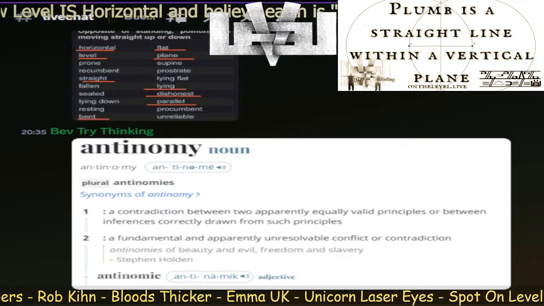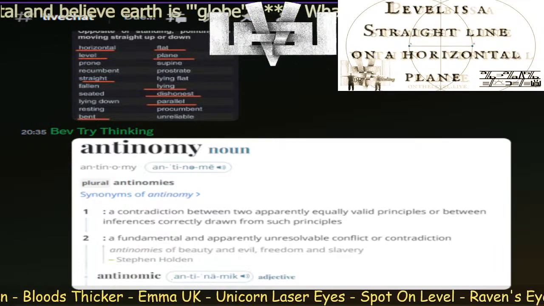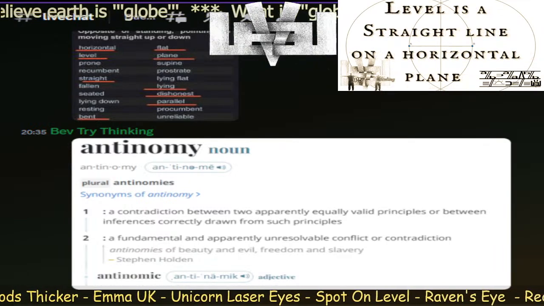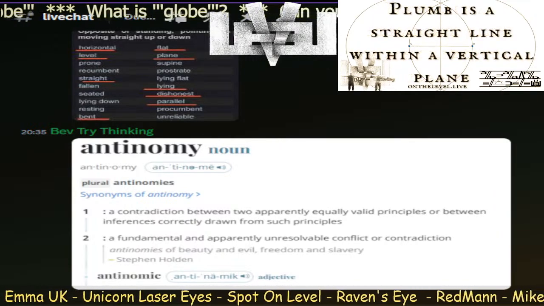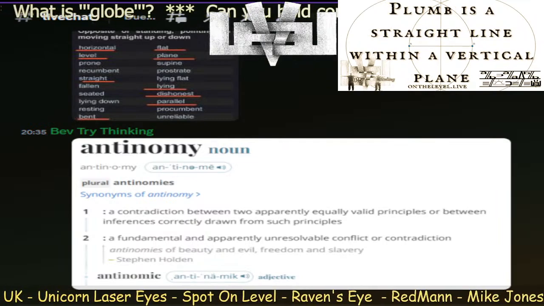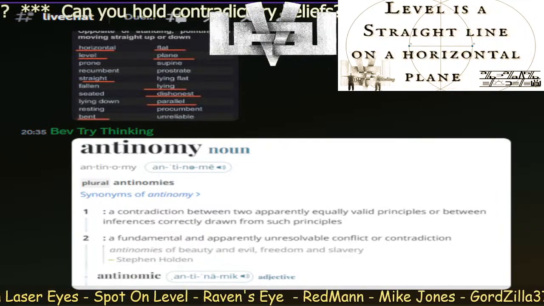Unresolvable. That's right, isn't it, Adam? We have here, because you've used synonyms within an argument, you've forgotten about the antonyms, and so far you've ended up with an antinomy.